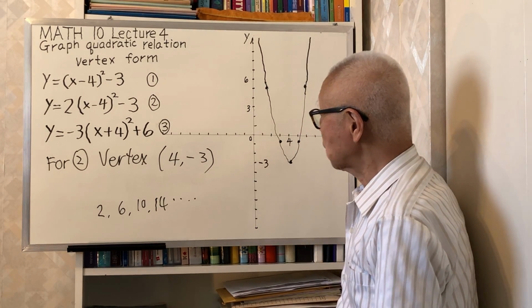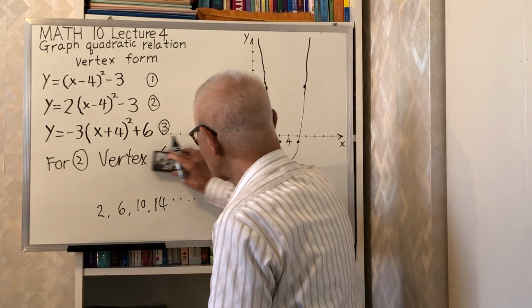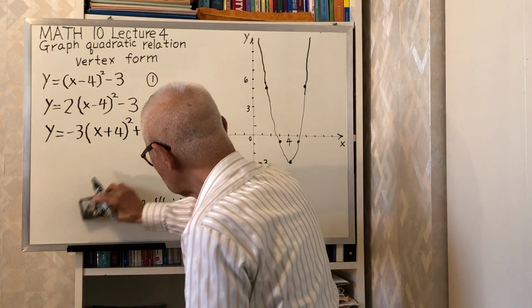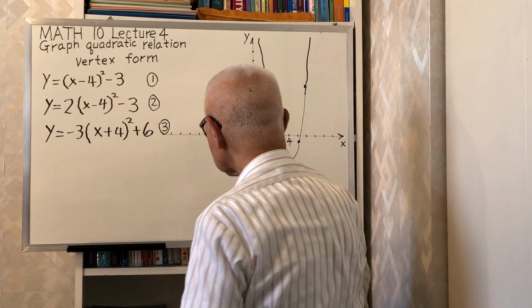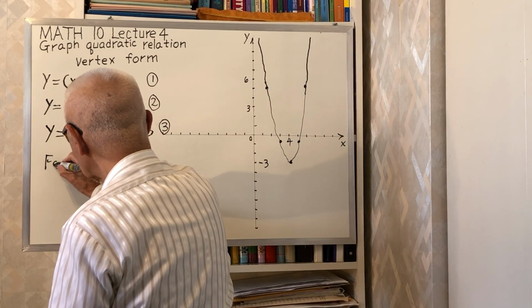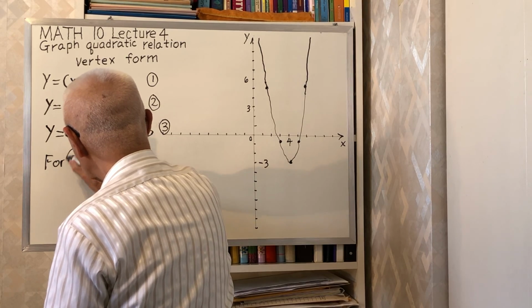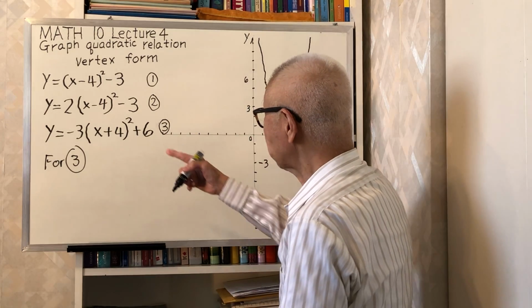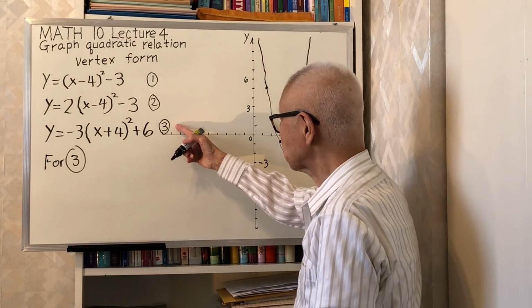Now we go to the third relation. Where is the vertex for relation 3?